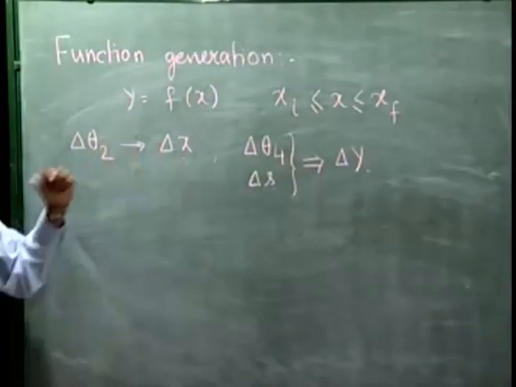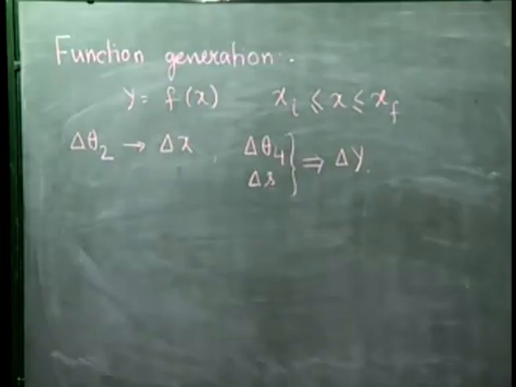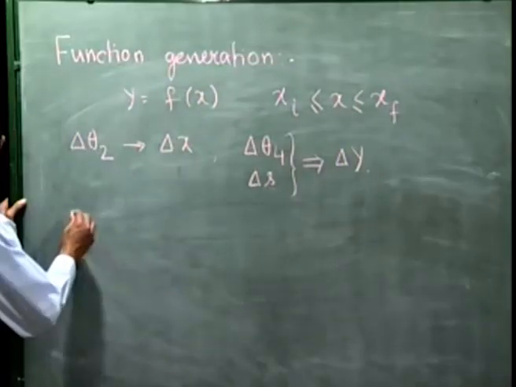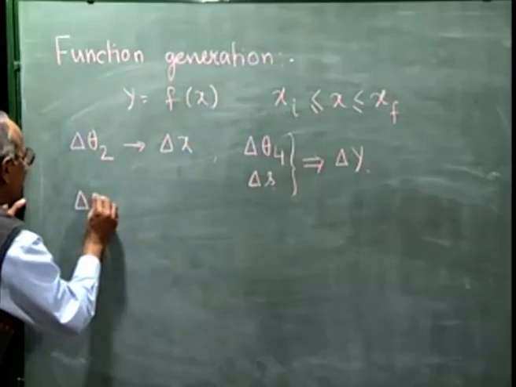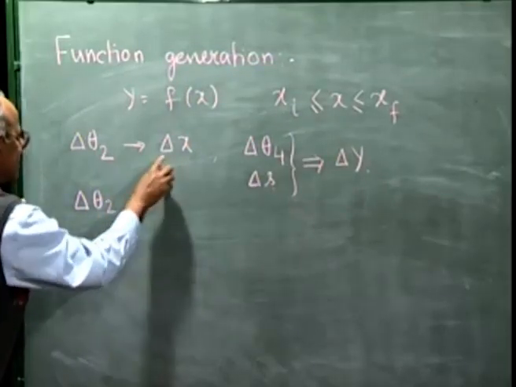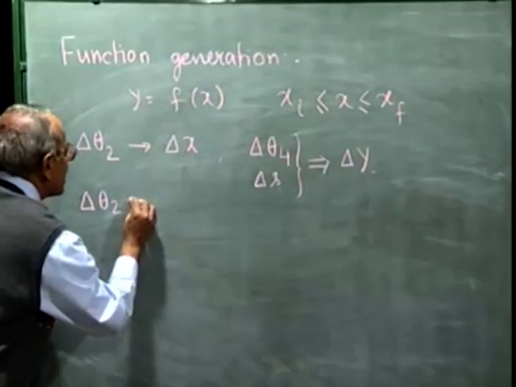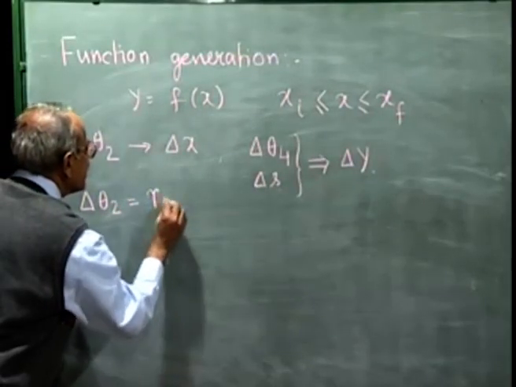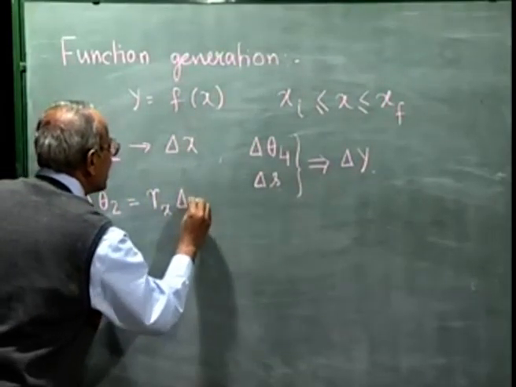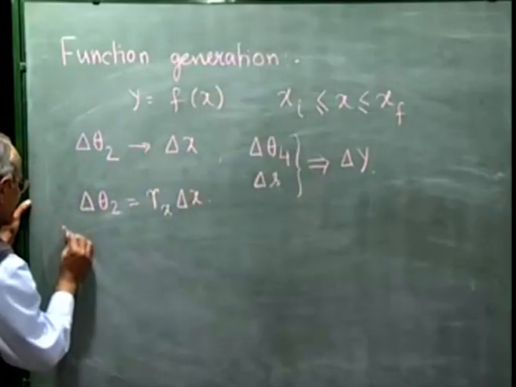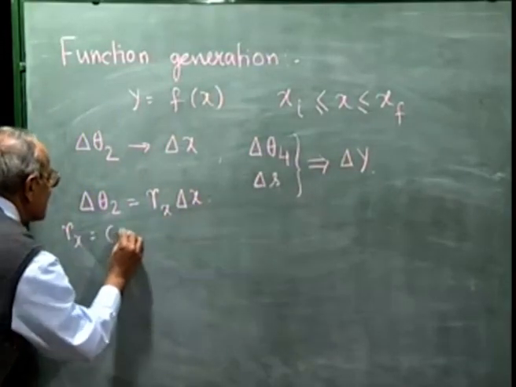Usually we take that they represent this vector in a proportional manner, that is we write say Rx into delta x, where Rx is a constant.